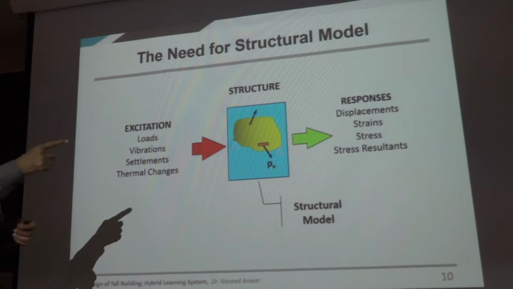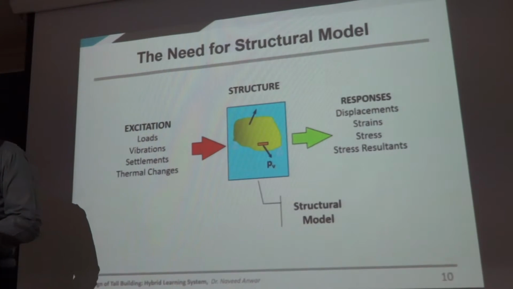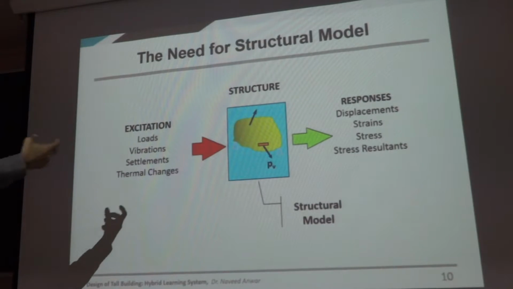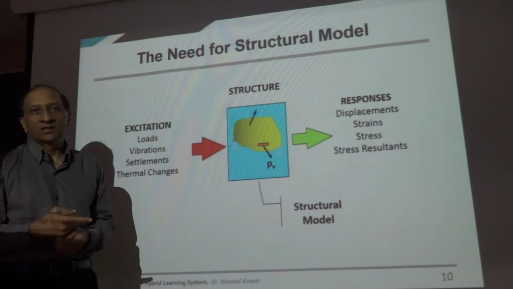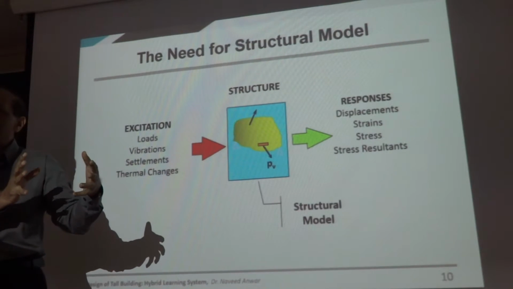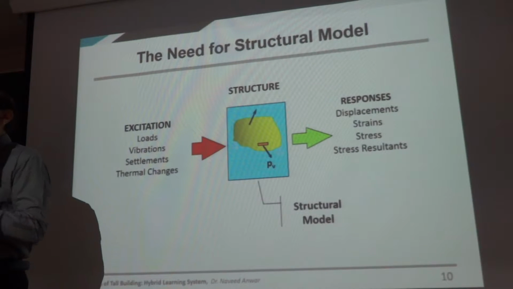So we say, okay, I'm going to simplify it, and this is going to be my model. After that, we find an easier way to determine the response of this simplified model. So we are now doing two things: we are simplifying the analysis, and we are also simplifying the structure so that we can solve this problem.